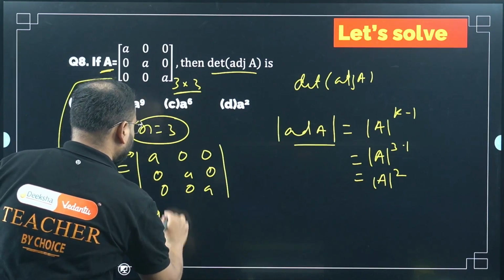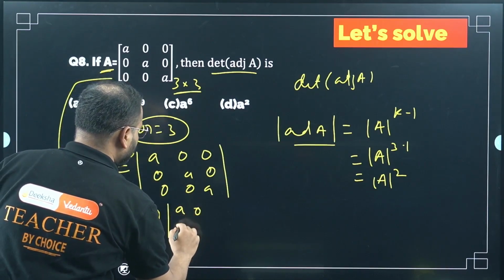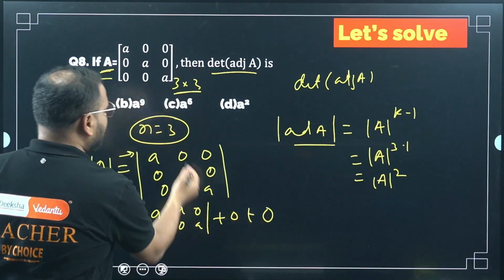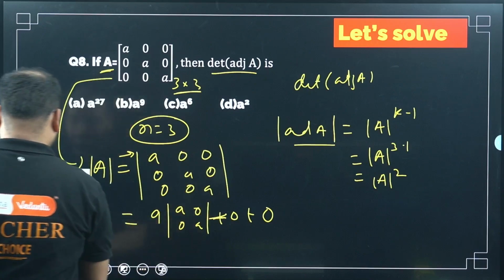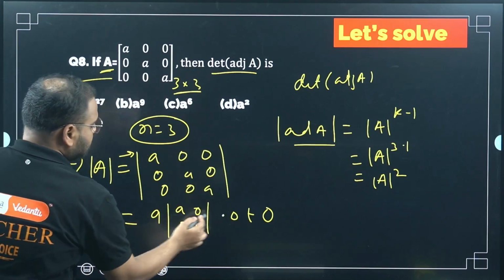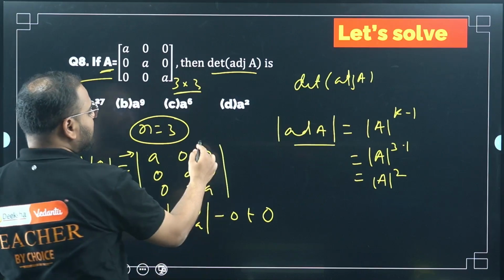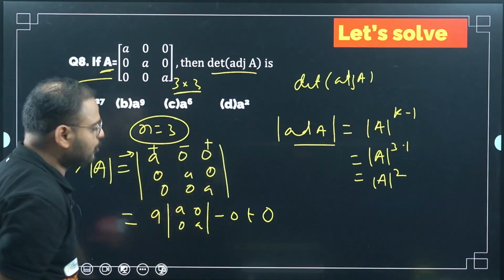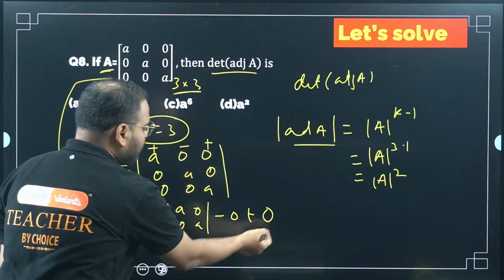So a will be with what? This one: a 0 0 a. Rest all is 0, because if we multiply with 0 it is 0. This is minus, 0 times anything is 0; plus, 0 times anything is 0. So I don't have to consider that.